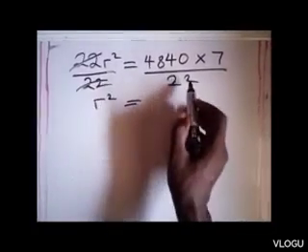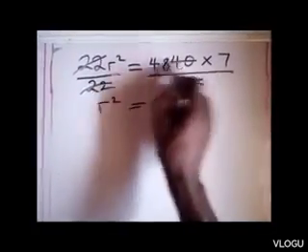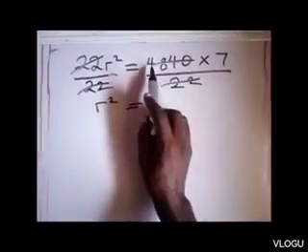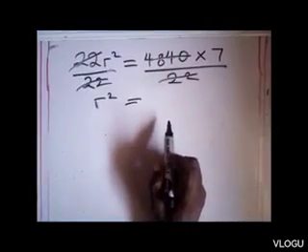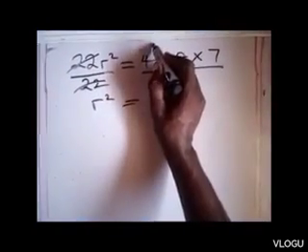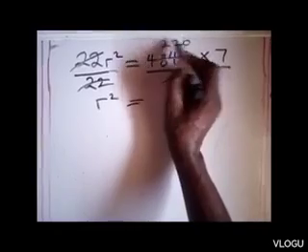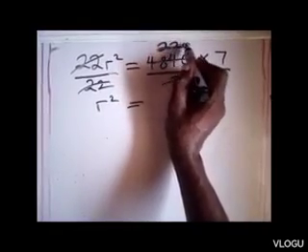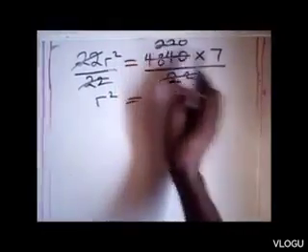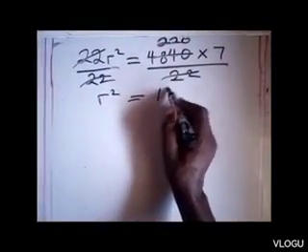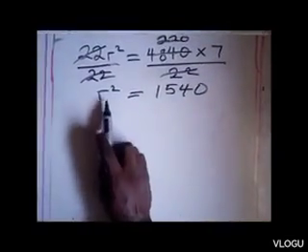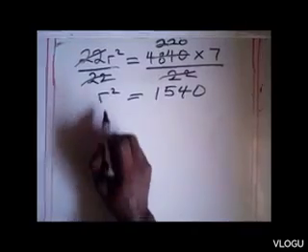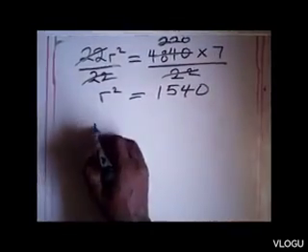And if I divide this by 22, 4,840 divided by 22, you can work that back home. That will give you 220. 220 multiplied by 7 is 1,540. But what I'm trying to calculate here is radius. So I will find the square root of both sides.